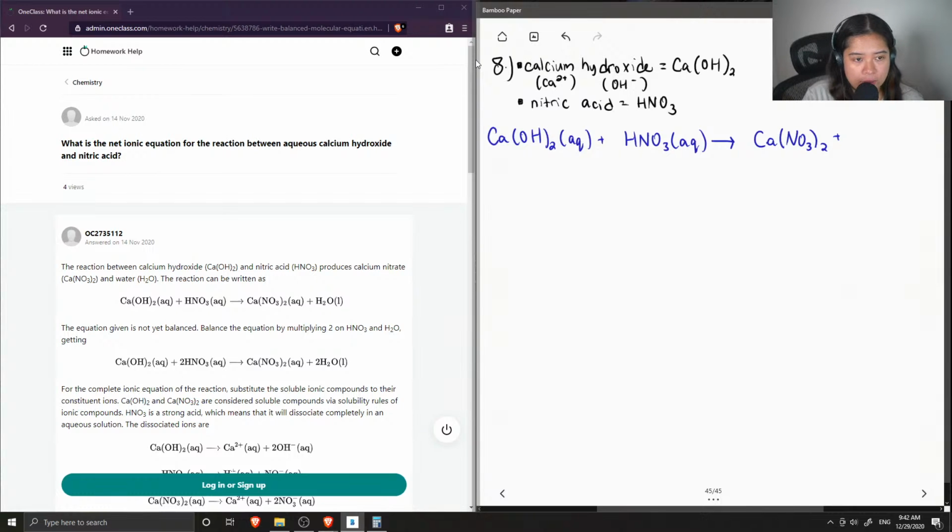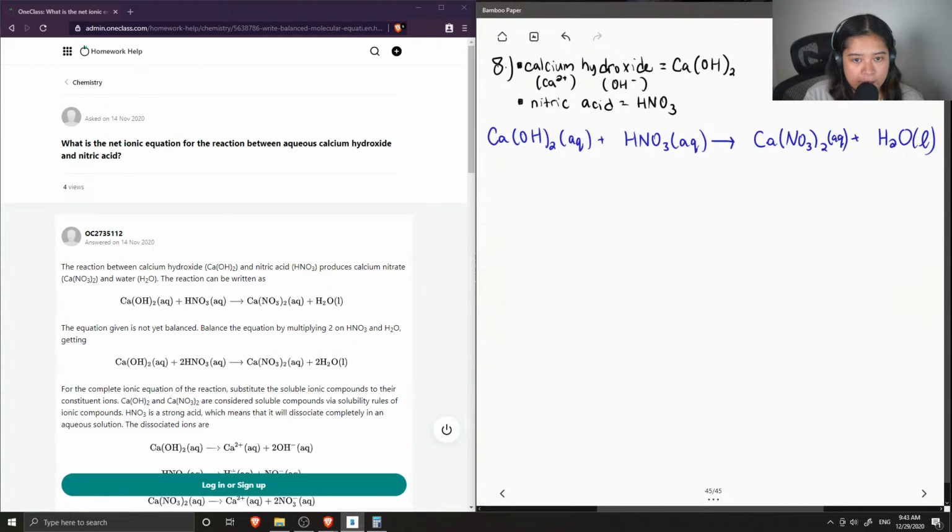And the two OH minuses come with the protons to form water. So this is aqueous. And water is a liquid. So now let's balance the equation.